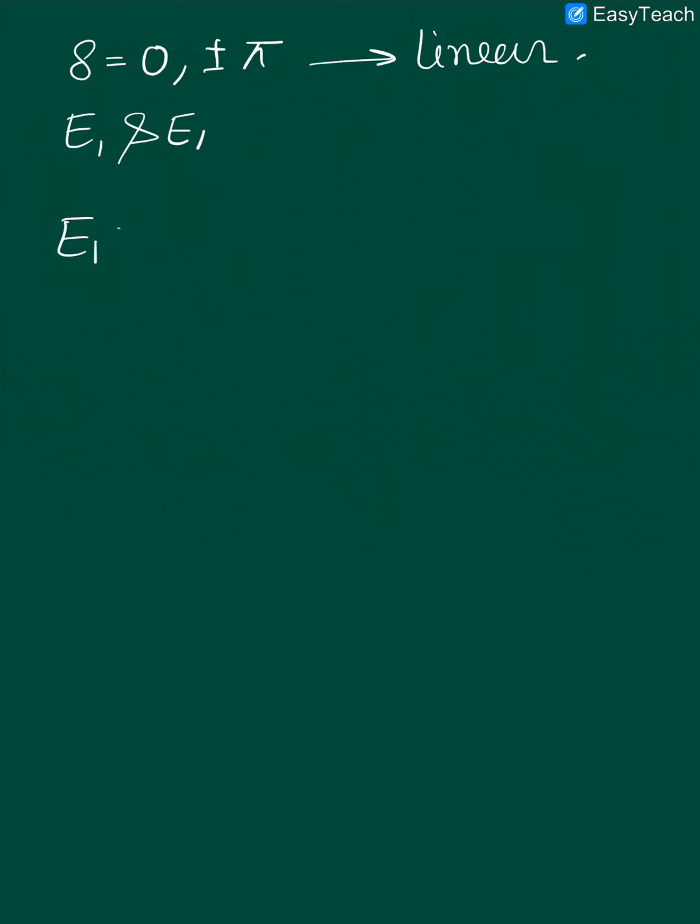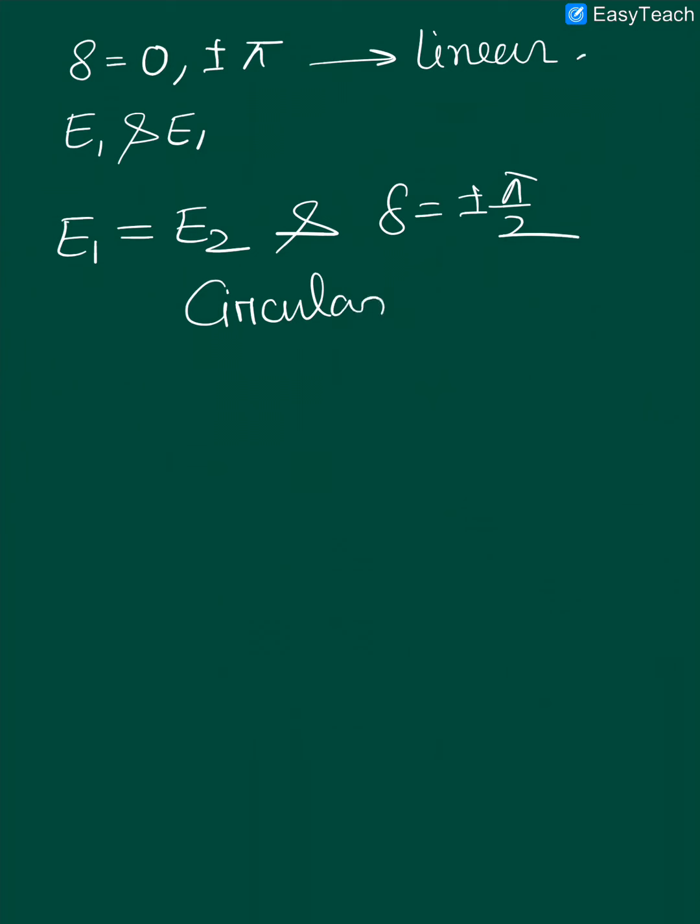And now if E1 equals E2, and you can also write Ex and Ey, or any two components by which the polarization has been created, and your angle is plus minus pi by 2, in that case you will have circular polarization.